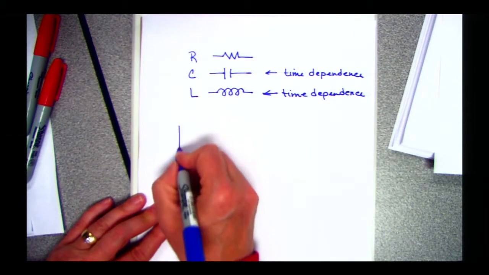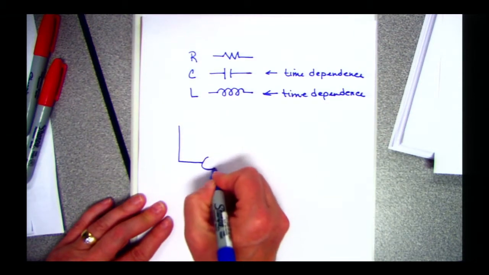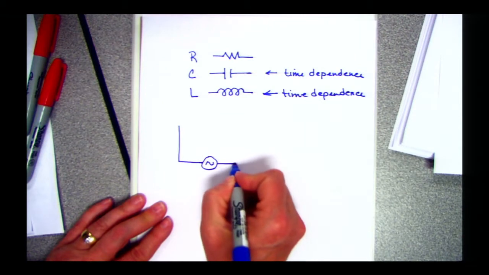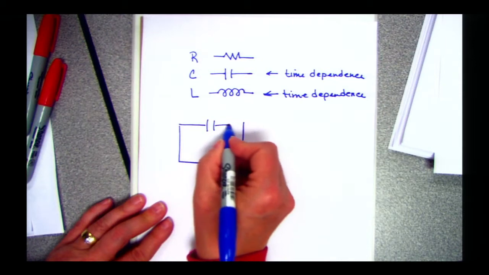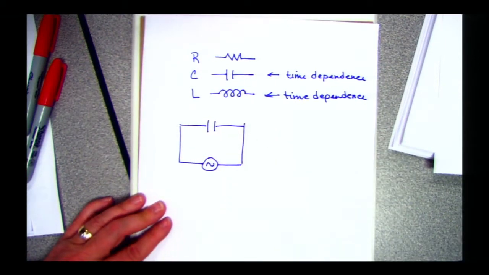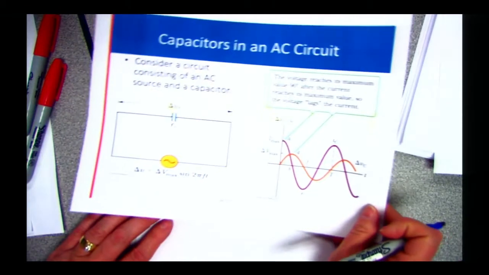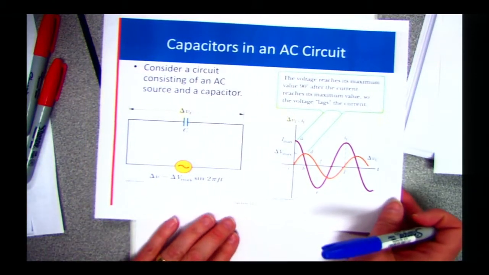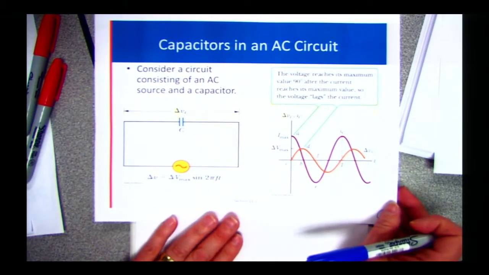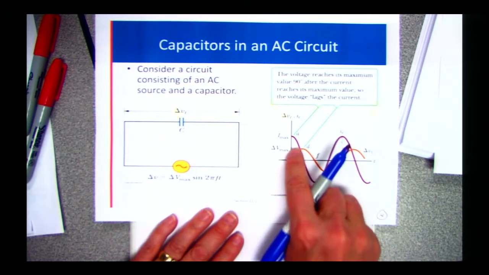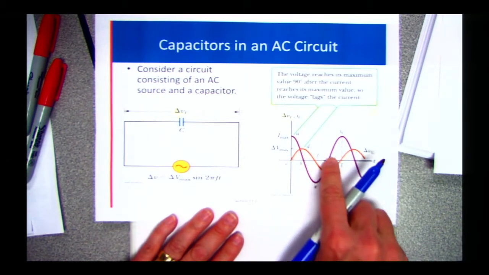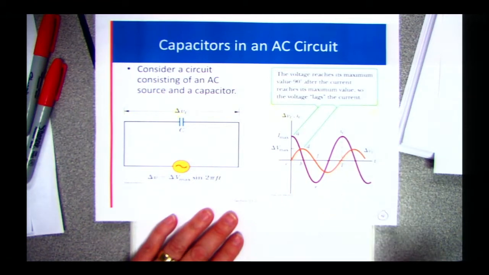So now let's look at my circuit by itself with a capacitor. I'm going to get my handy dandy little chart out. If I have my current set up, my little ammeter in my system, and I have my little voltmeter in my system, as the current goes through, I've got my nice 60 hertz or my 50 hertz current.